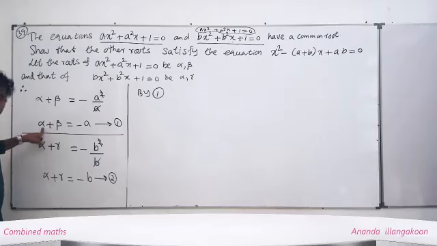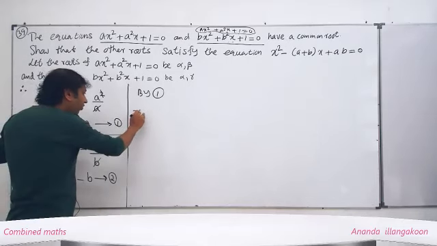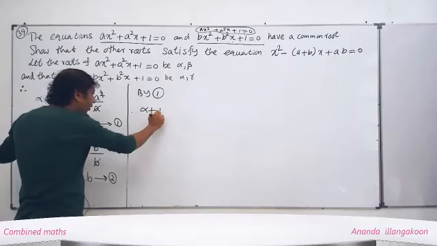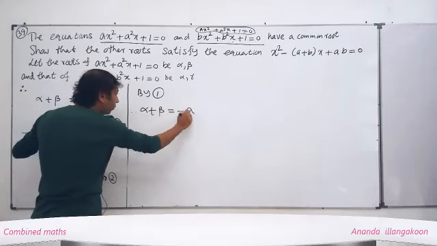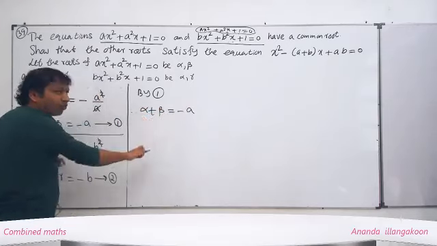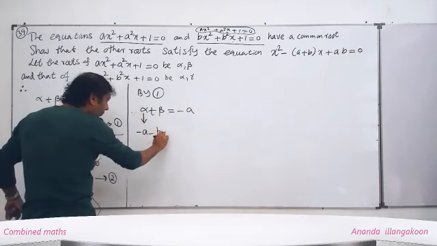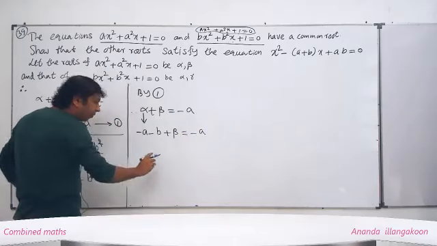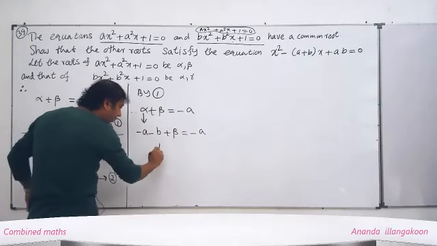One is this. Substitute for this alpha. Alpha plus beta is equal to minus C. Just now we found the answer of alpha as minus C minus B. So now this is minus C minus B plus beta equals minus A. Bring this and this both to the right hand side.